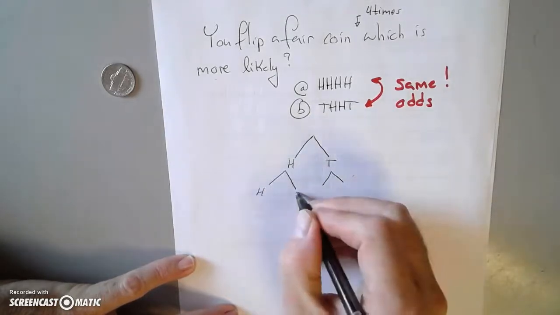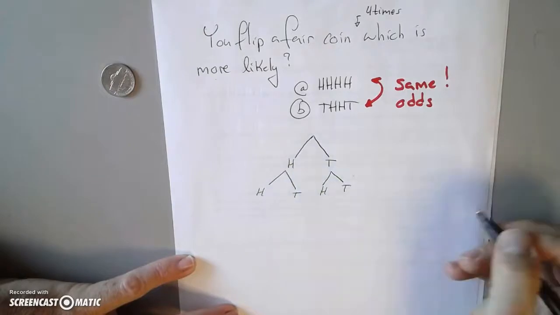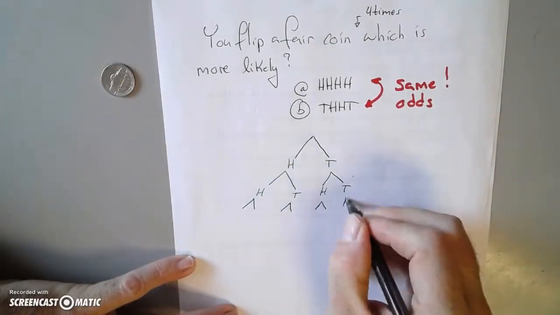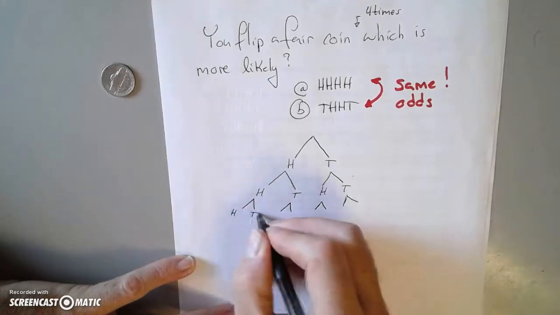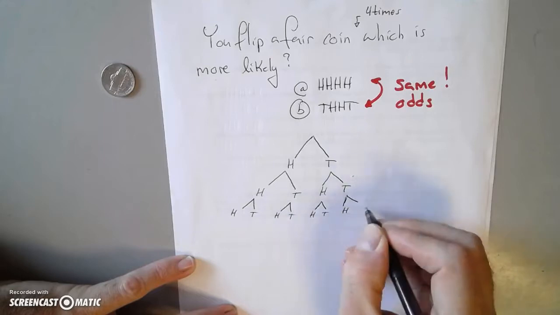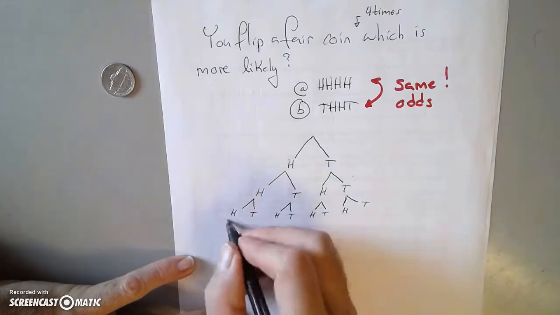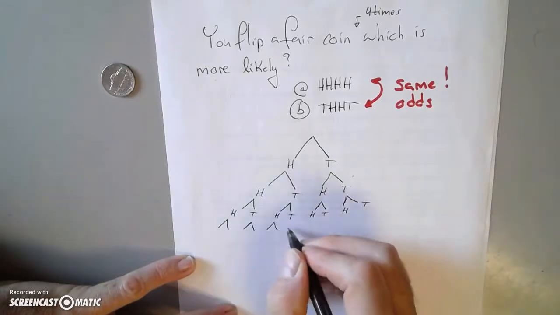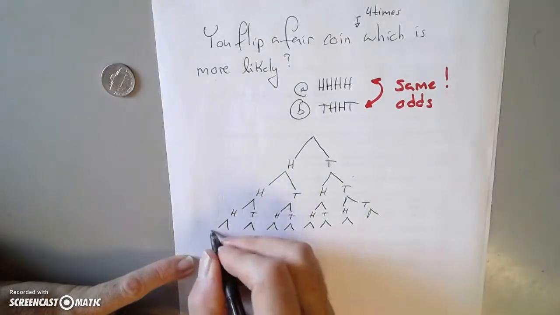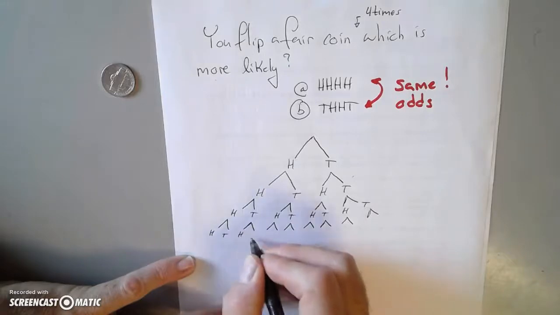And then you flip again, heads or tails. And then you flip again, heads, tails, heads, tails, heads, tails, heads, tails. And then you flip one final time. And each branching point has the same odds, 50%, 50%, 50%.